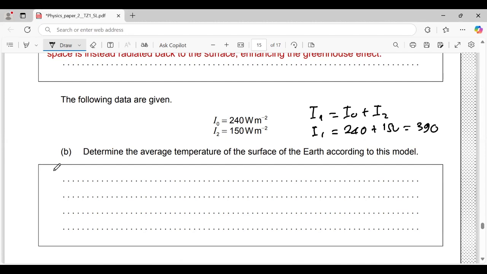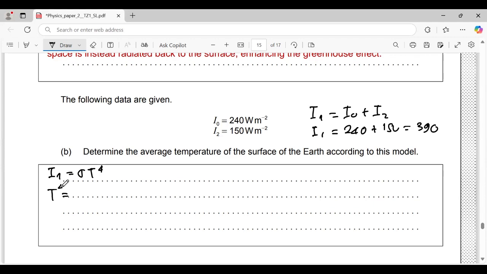According to the Stefan-Boltzmann law, I1 equals sigma times T to the power 4, where T is temperature and sigma is the Stefan-Boltzmann constant, 5.67 times 10 to the power minus 8.